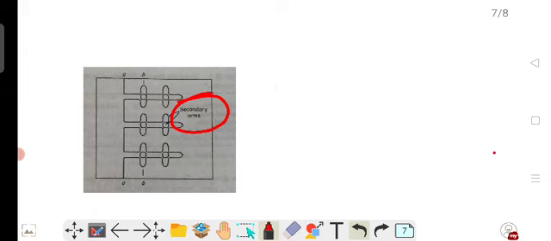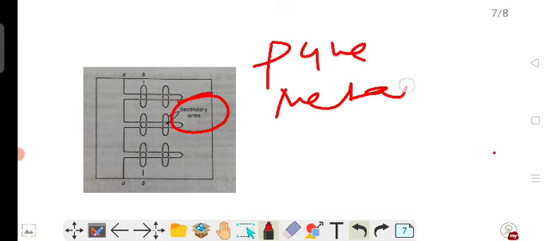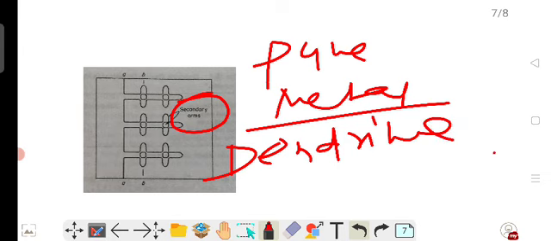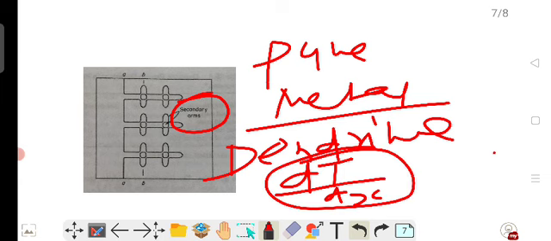We can say that in pure metal, dendrites form due to temperature gradient, and the temperature gradient should be negative. Otherwise, it is impossible.